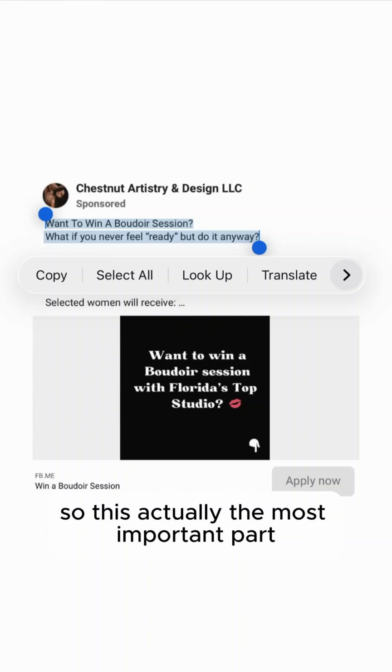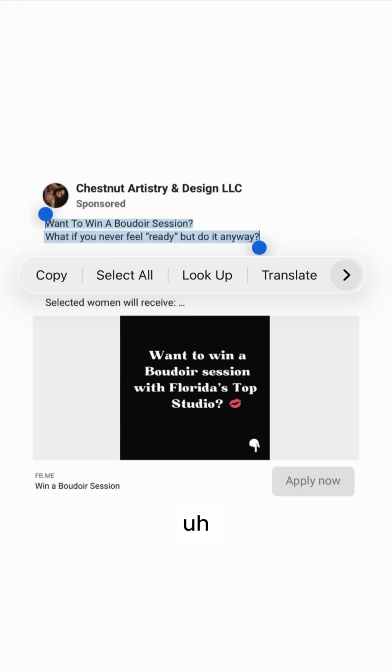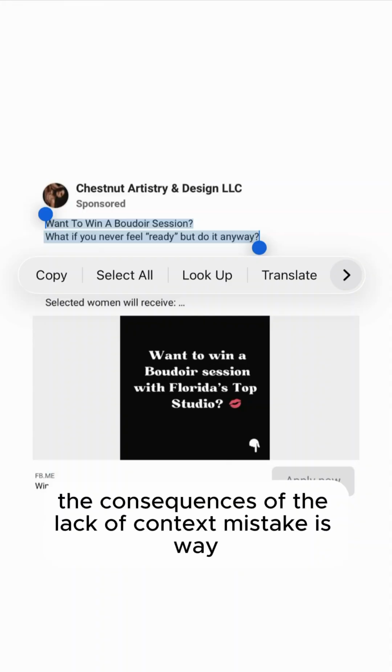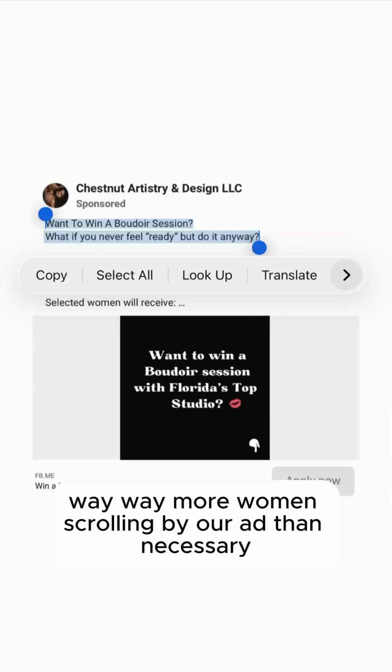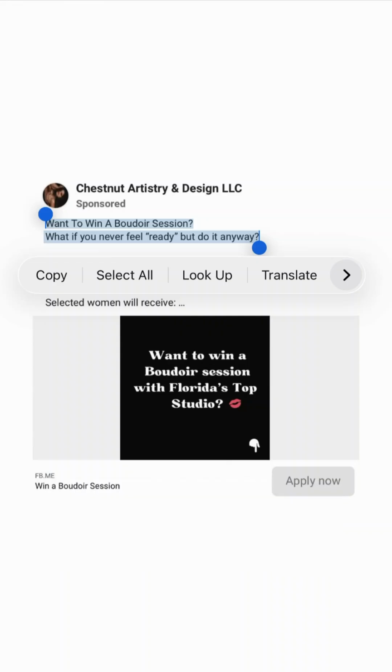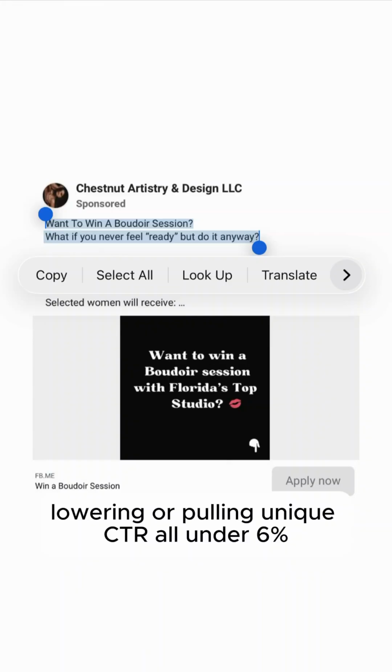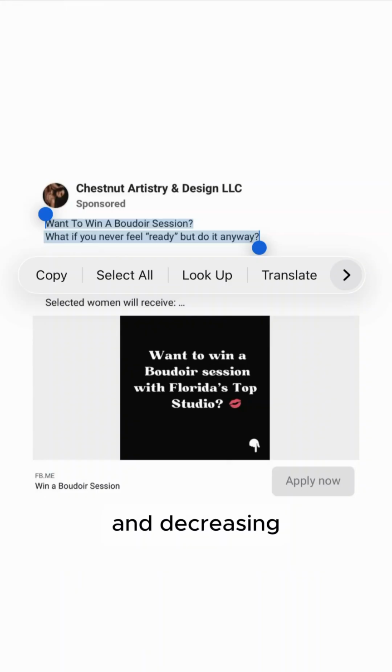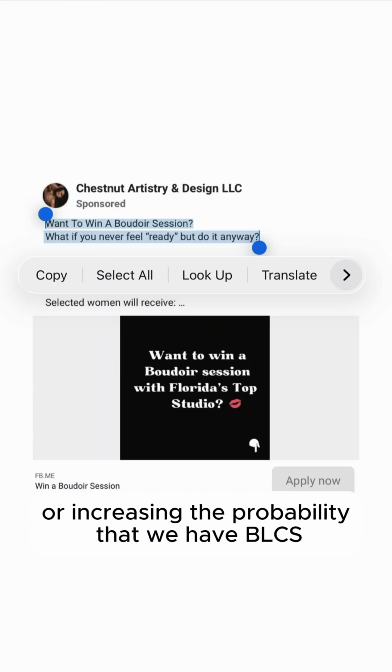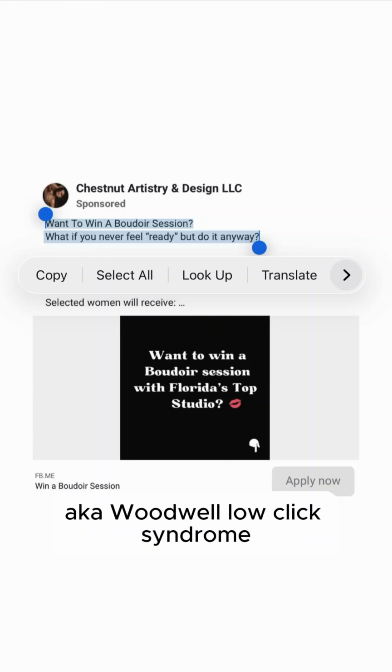So this is actually the most important part. The consequence of the lack of context mistake is way more women scrolling by our ad than necessary, pulling unique CTR under 6%, and increasing the probability that we have BLCS, aka Boudoir low click syndrome.